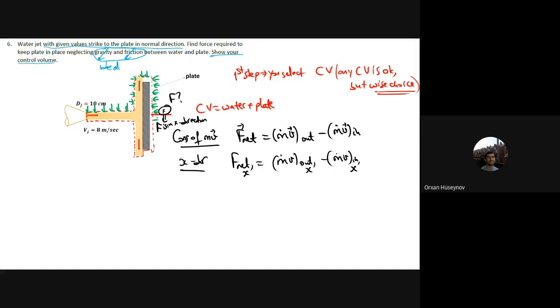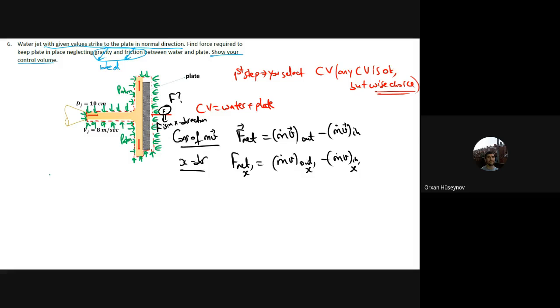Let me show it for the completeness of the problem, but you have to know that this acts everywhere. This one is PATM, here also you have PATM. So everywhere you have 1 atmospheric pressure.